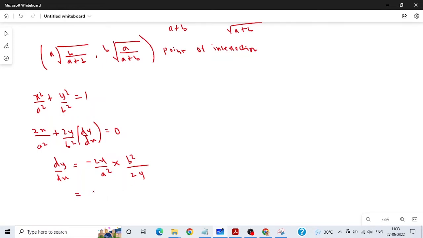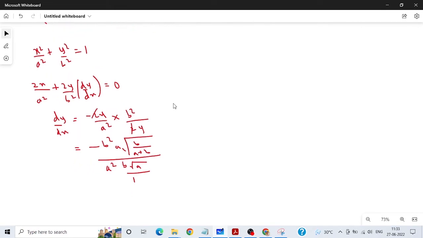So what we get is minus, so here this 2 and 2 will get cancelled first. So this is going to be minus b square root of b upon a square root of a plus b, upon, then this is a square, and then the value of y, it's b square root of a upon square root of a plus b.